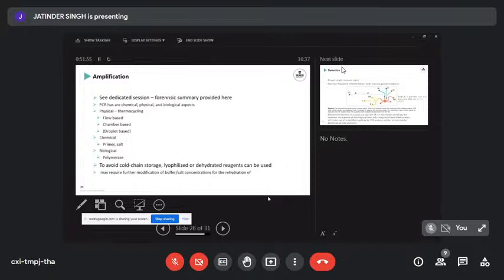Both have been done, both work, but the chamber-based are by far the most popular. The other thing with PCR is that we've got the chemicals that we need to keep in mind, and they need to be added. And we've got the biological part, where we need to have the Taq polymerase to actually amplify the DNA.